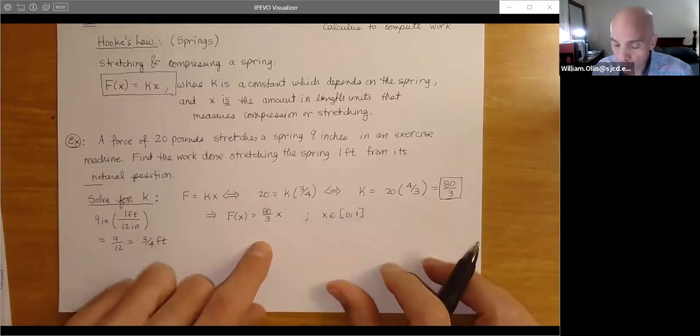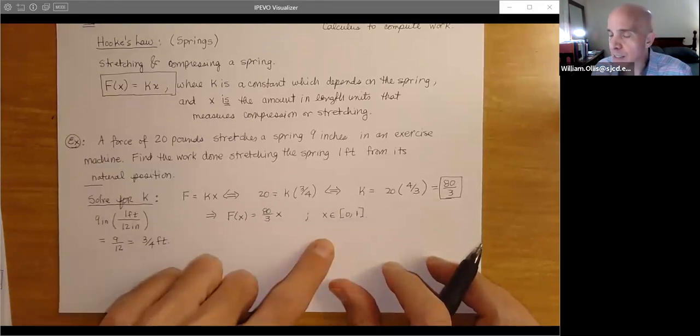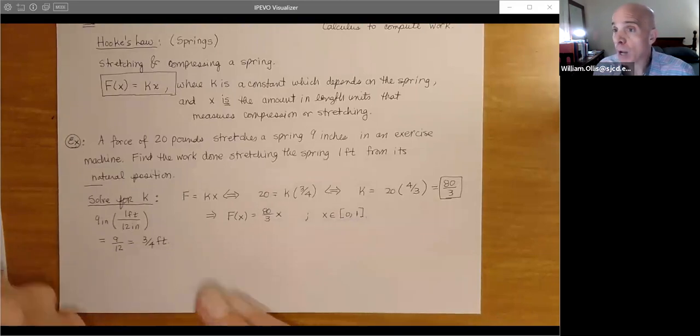And for each subinterval, we are applying the force. So we have the force times the distance. Now this is very simple compared to what we've been doing a lot, well, at least for this particular problem.